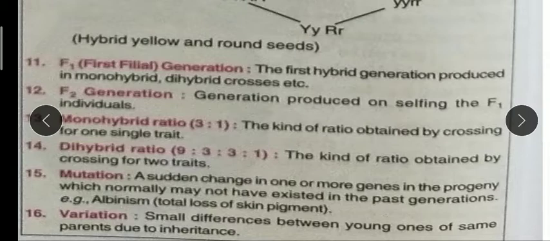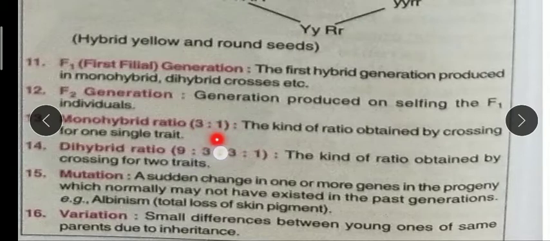Now what is a monohybrid cross? Whenever we do a monohybrid cross, the kind of ratio obtained by crossing for a single trait will be 3:1.